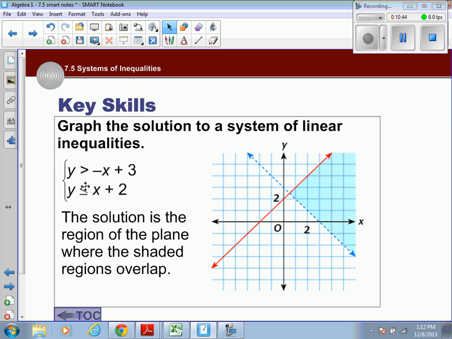Then y is less than or equal to x plus 2. That would be symbolized with the red line. Again, it's solid because of the equal to. And then it's less than, so it's shaded below. And if you recognize where those two areas would intersect, would be the blue that's here. So there's our answer to our system of linear inequalities.